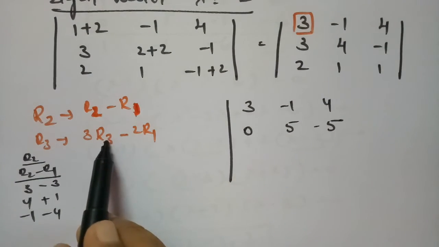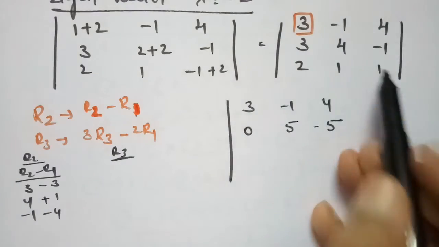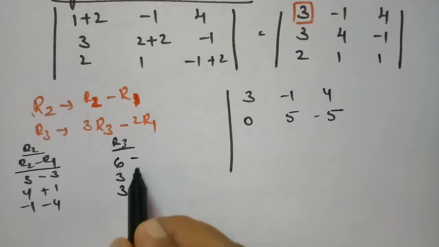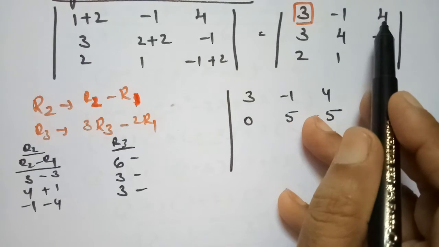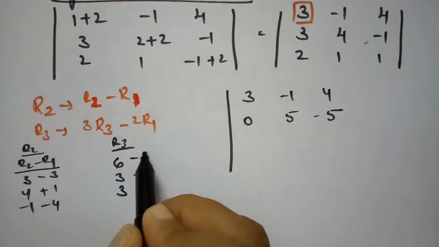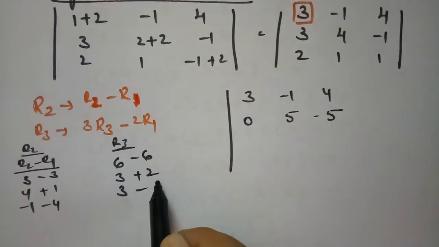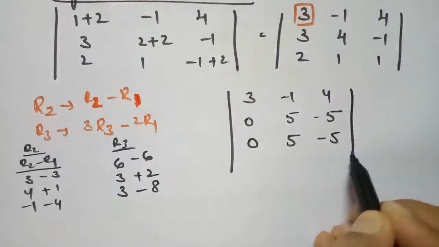For 3 R3, I have to multiply row 3 with 3, and subtract 2 R1, so I have to multiply each and every element of row 1 with 2. So this will be 0, 5 and minus 5.